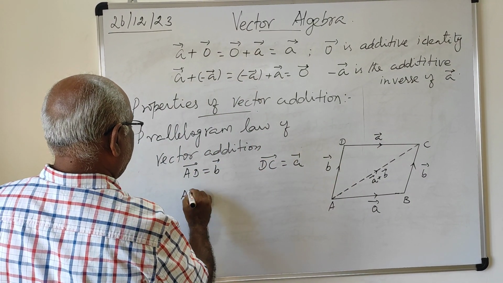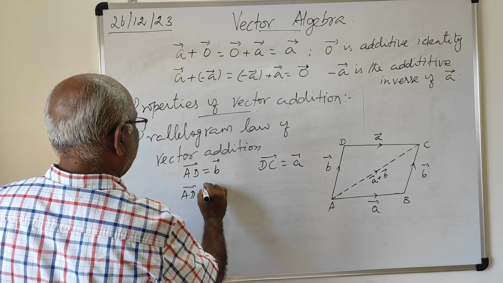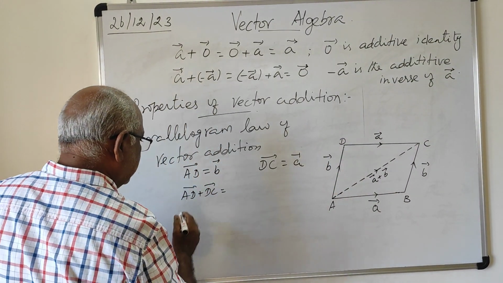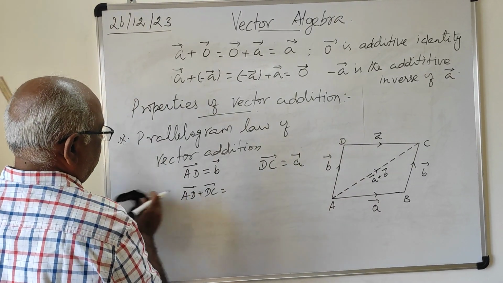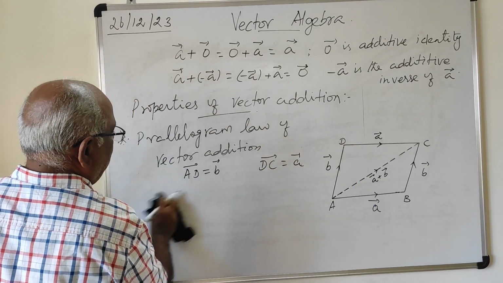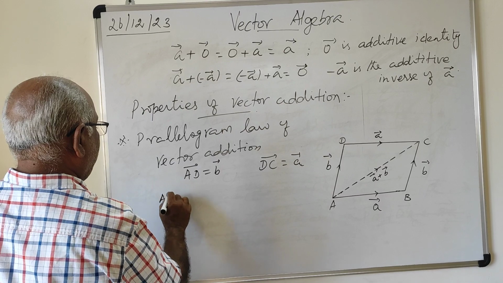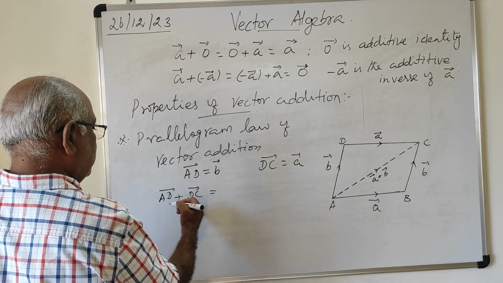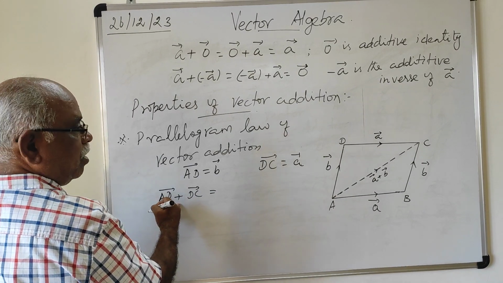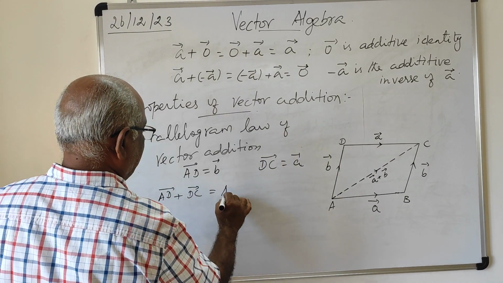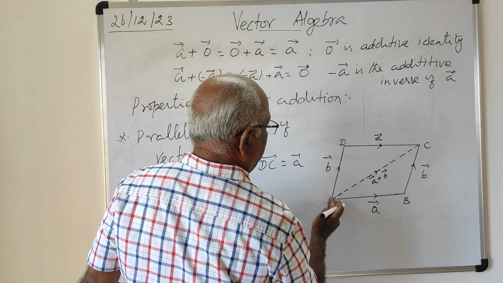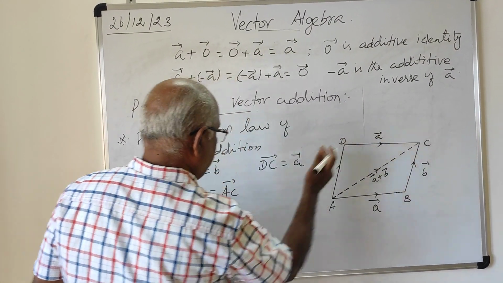AD vector plus DC vector, with D as the common point, by the triangle law we eliminate D and get AC vector. Using the upper triangle, AD plus DC equals AC.